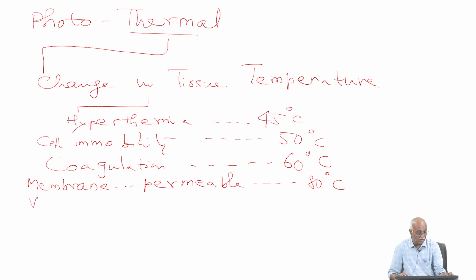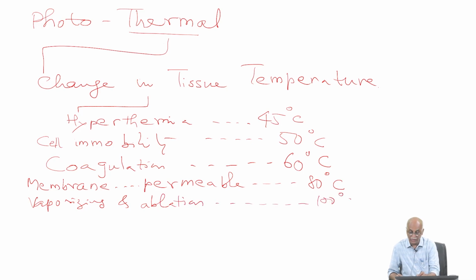It results in some part of the water starting to vaporize, and water bubbles will be formed. So, water induced vaporization and bubble formation, plasma formation, induces ablation in the material at around 100 degree centigrade. Steam will be formed. Why? A lot of water is there in the tissue, and that comes into the picture.